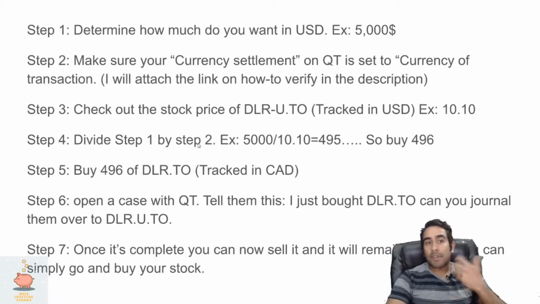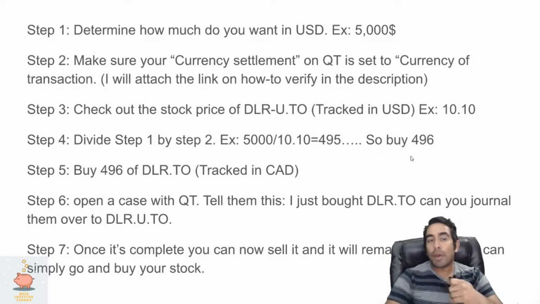Then you say, hey, I need $5,000. You do 5,000 divided by $10.10, which comes to around 495 and something. So you go ahead and buy 496 of that ETF.